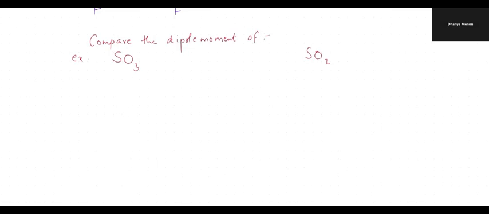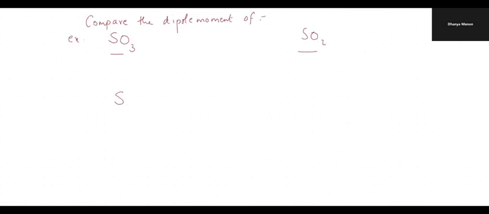We learned the structure of sulfur trioxide when we were doing the Lewis dot structure. There are 3 double bonds, and sulfur shows a covalency of 6 here. We learned this.